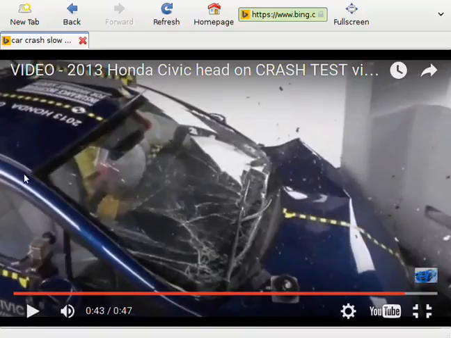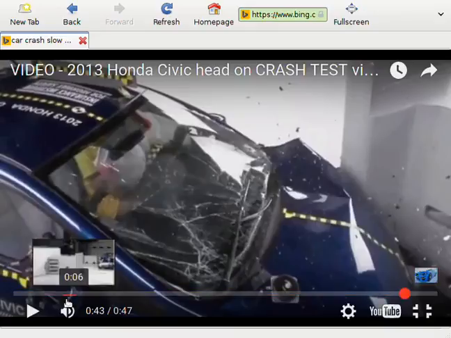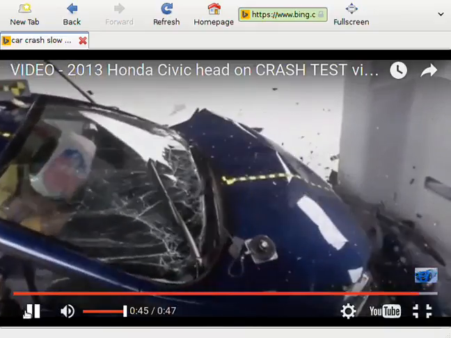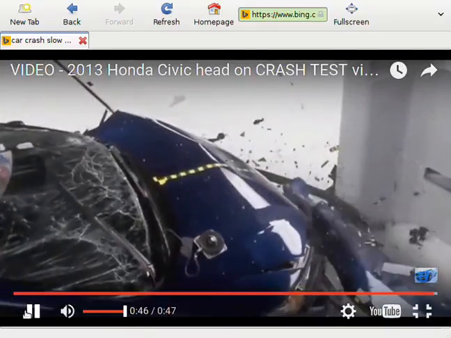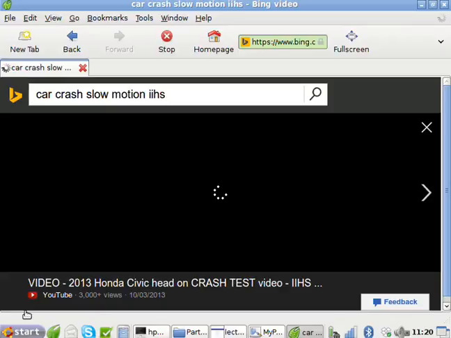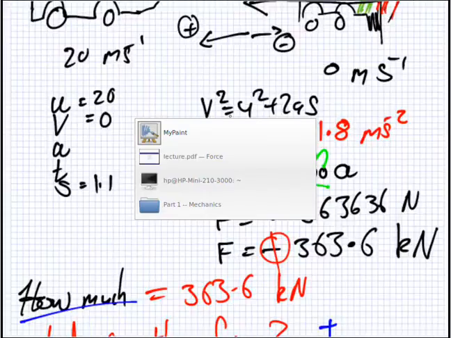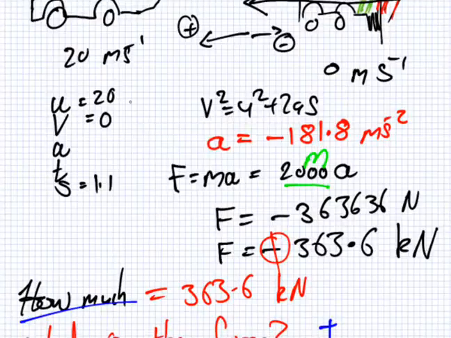Why don't you go to the right? Can you move it to the right? Okay, play that. It's going to crash into a wall. Yeah, this is the one.